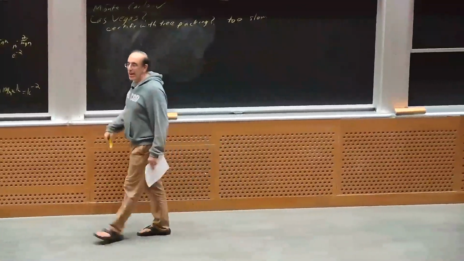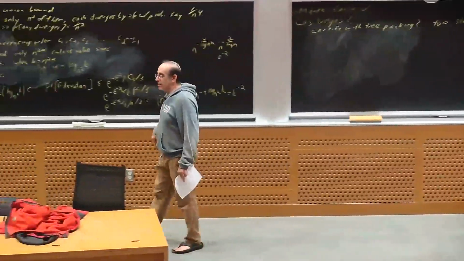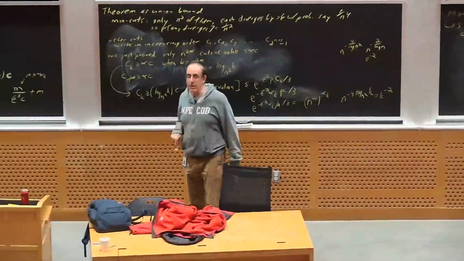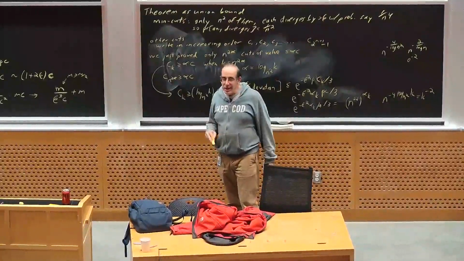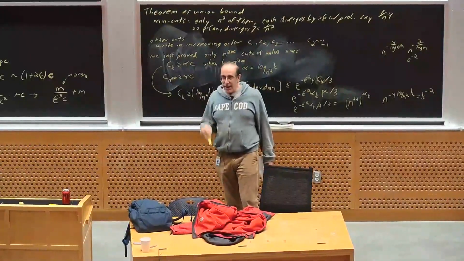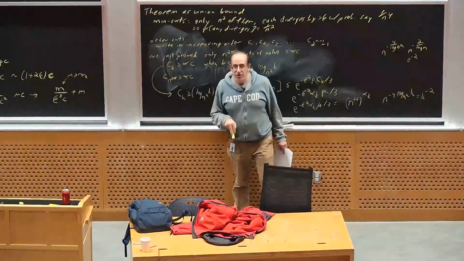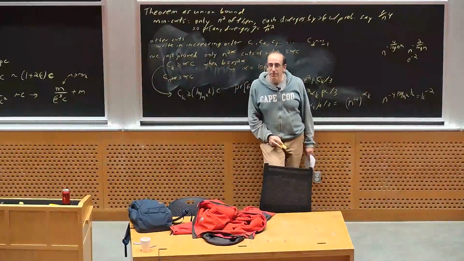Okay. But now let's remember that we are only trying to certify that our cut is approximately minimum. So do we need a perfectly maximum tree packing in order to certify that our cut is approximately minimum?